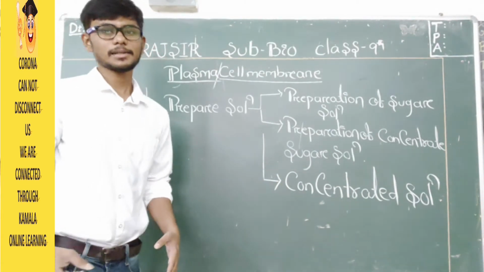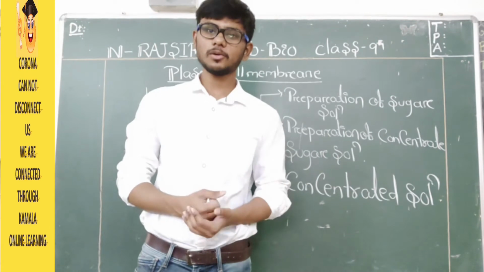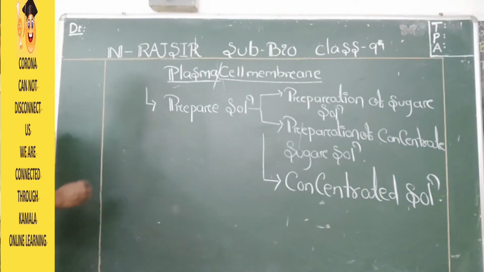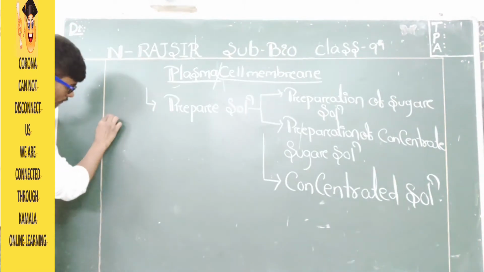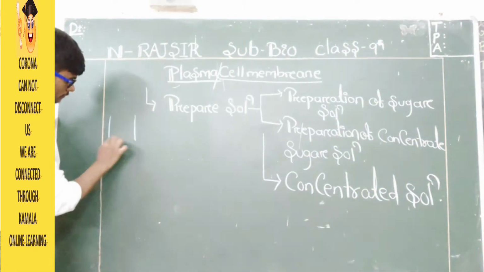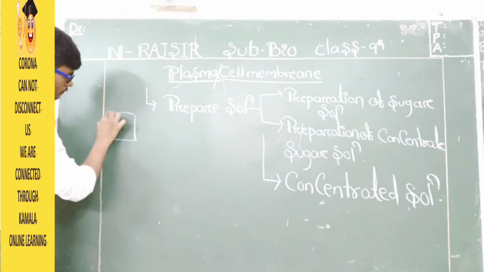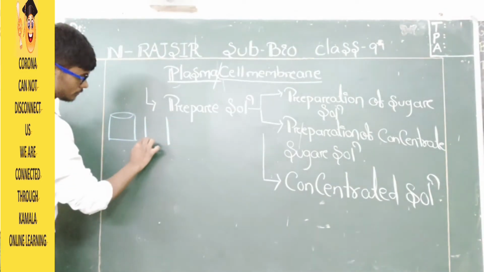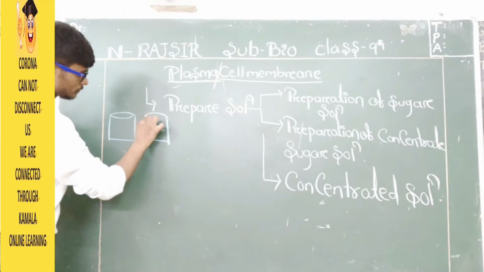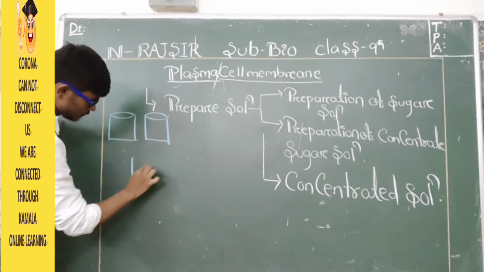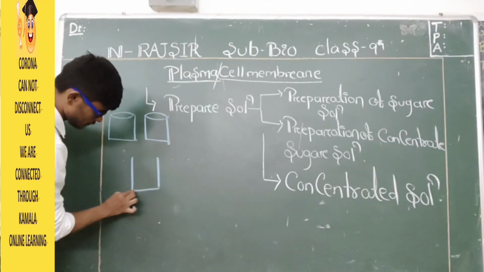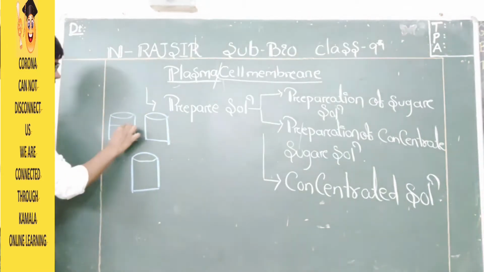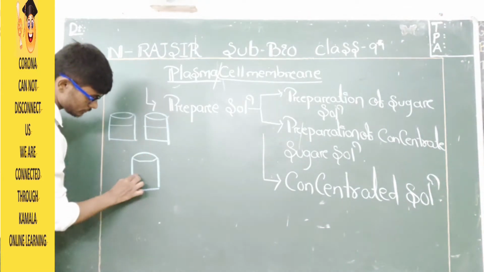To conduct this, what do you need? You need 3 particular beakers. How many beakers we need? We need 3 beakers. Let us do this. Add 100 ml of water to it.